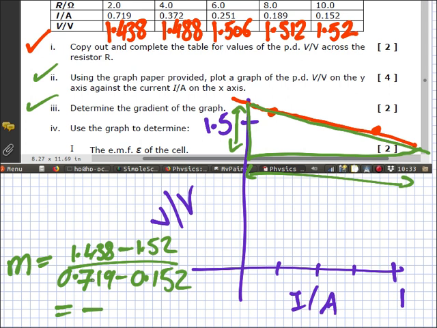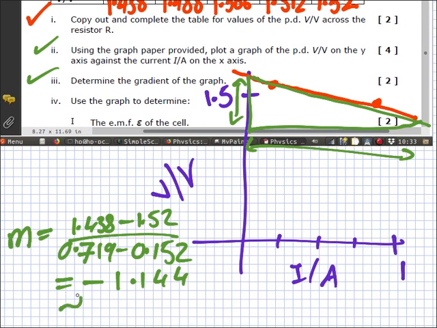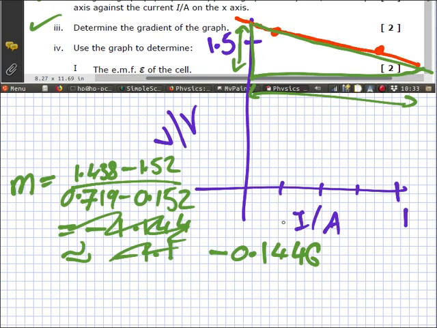Negative 0.144, roughly. So that's minus 0.145, and the unit is ohms.